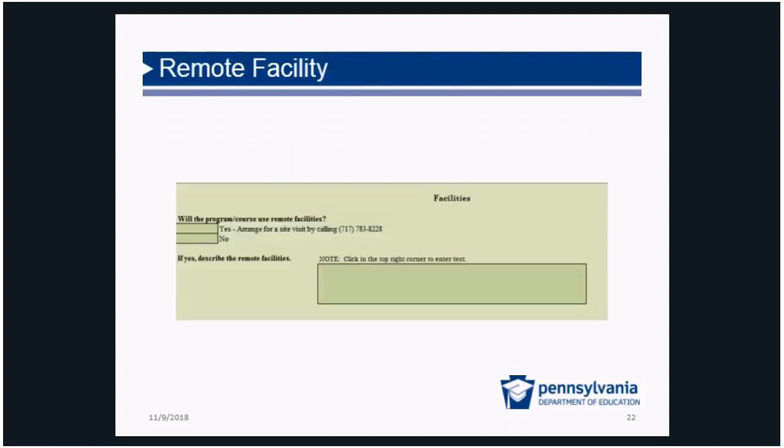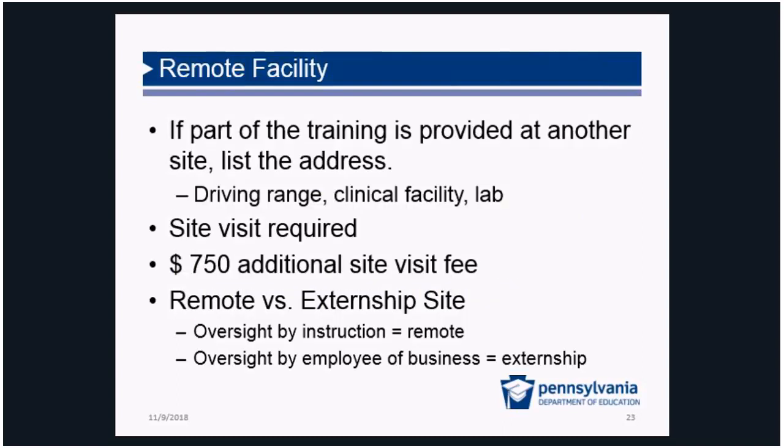You will also be asked to clarify if you will be using a remote facility for this program. A remote facility is an off-site training facility where a portion of the program is provided. It might be a driving range for a trucking program or a kitchen for a culinary arts program.